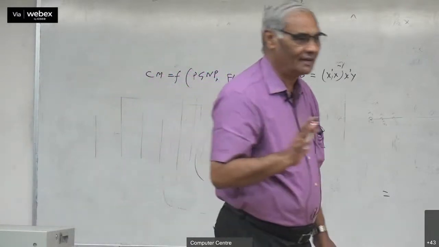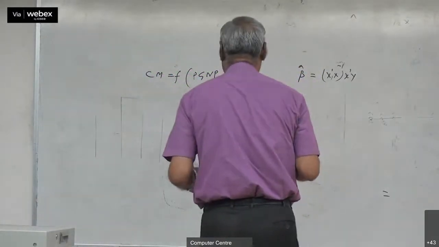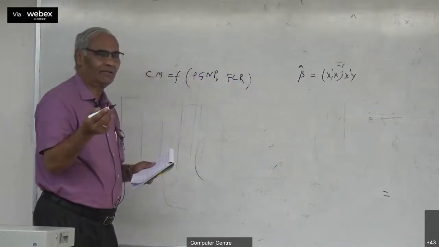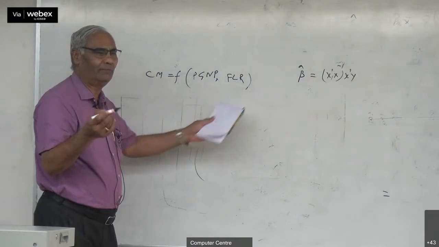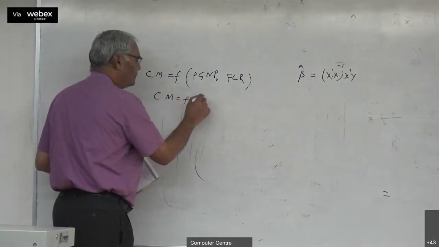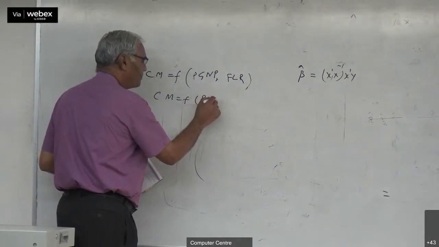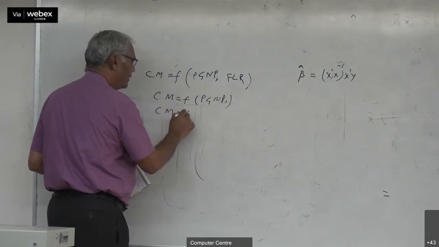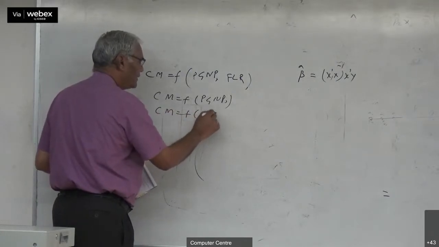Child mortality rate, okay? Now, one you can say that why you are taking two variables, first regress child mortality rate on per capita GNP and then child mortality rate on female literacy rate.